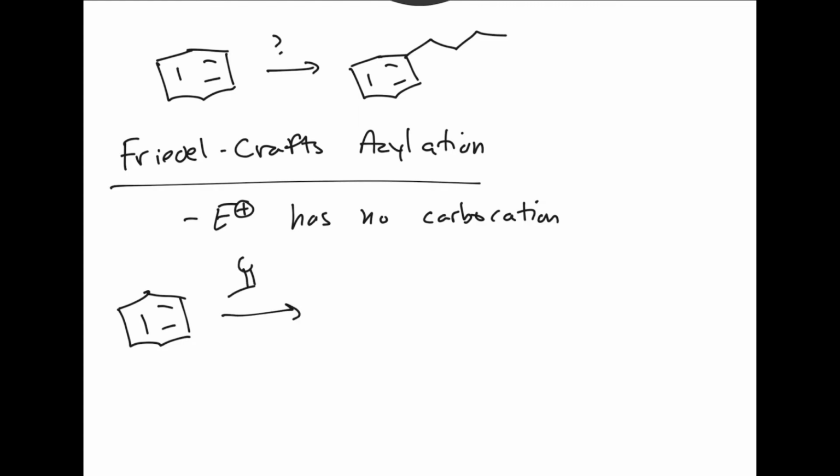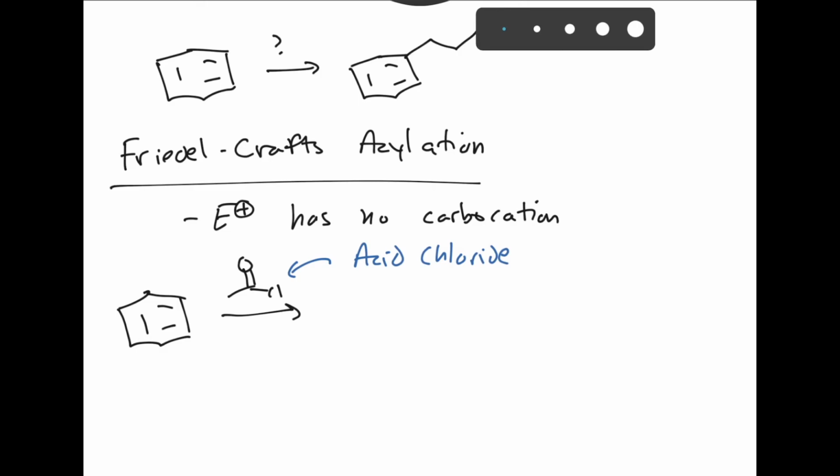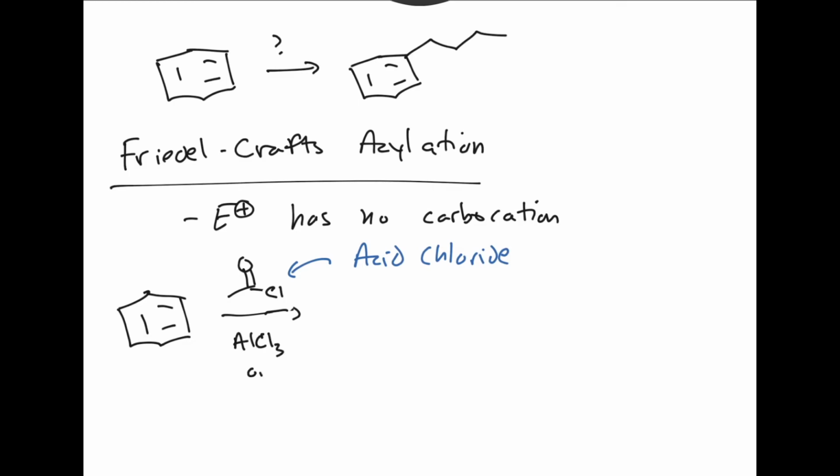So the Friedel-Crafts acylation, you take an acid chloride, so you replace the OH of an acid with a Cl. That's an acid chloride. And then you use a catalyst. And again, we get to use the same catalyst we used for chlorination. So you can use aluminum trichloride or iron trichloride.